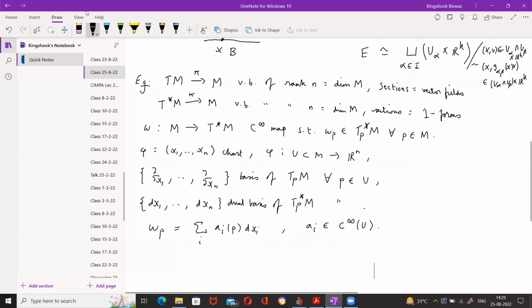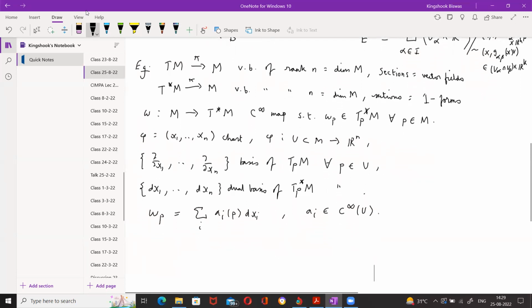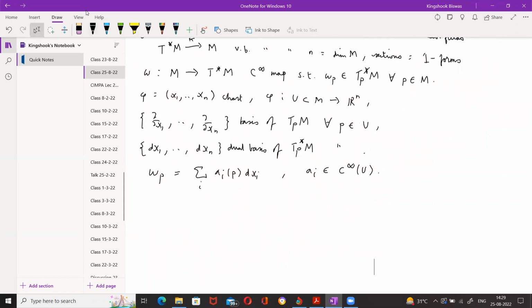Because the trivialization here is basically, what was the trivialization for the tangent bundle? It was p comma the summation of alpha i del del xi maps to p comma the vector alpha 1 to alpha n. This is my trivialization of the vector bundle.